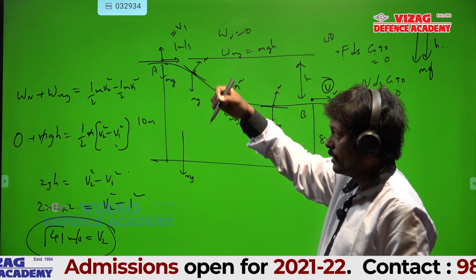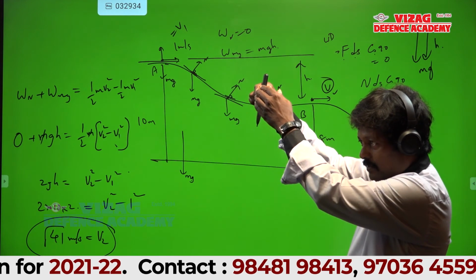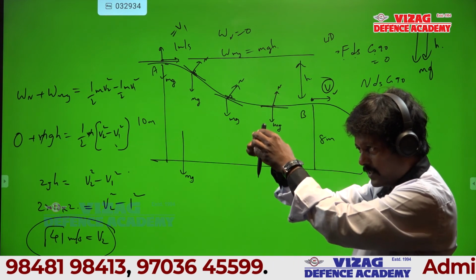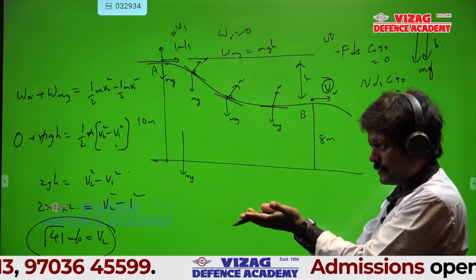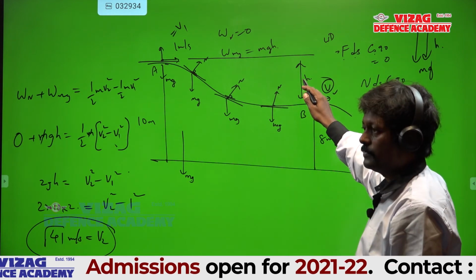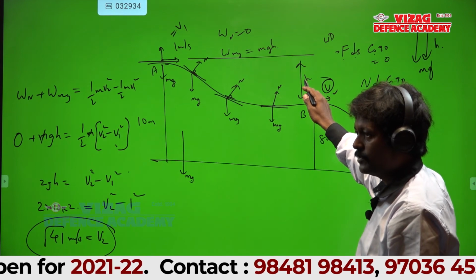Vertically, how much displacement has the body come? 10 minus 8, that is h. h is 2.